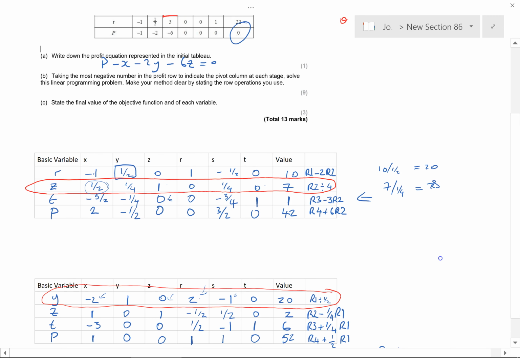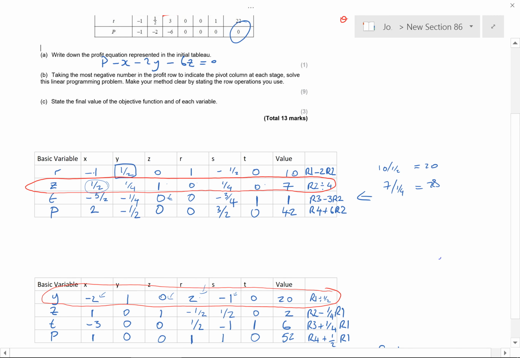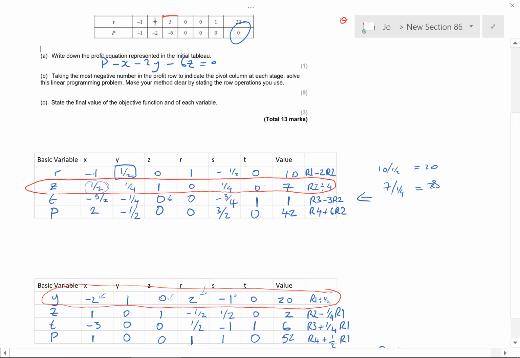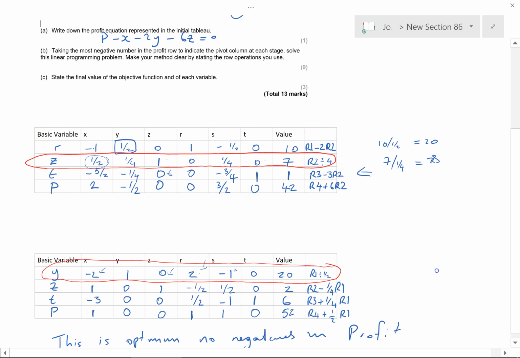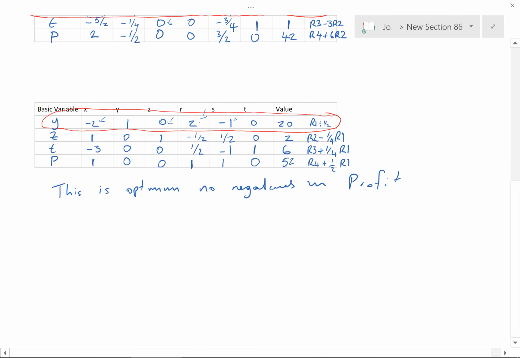The equation, it hasn't asked for the equation either, I don't think. Let's have a look. It's taken such a long time, I've forgotten what the question was. It says make your method clear by stating the row operators you use. We've done that. It hasn't asked for the profit equation, but I'm going to write it because other questions do. P plus X plus R plus 1 equals 52.